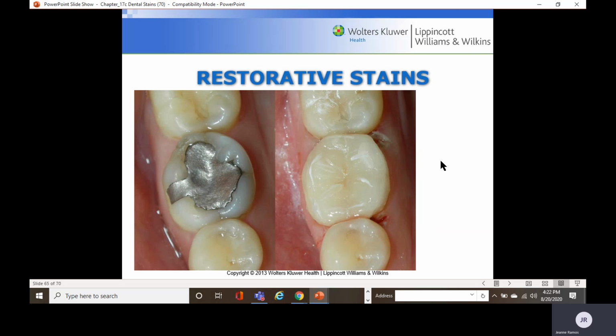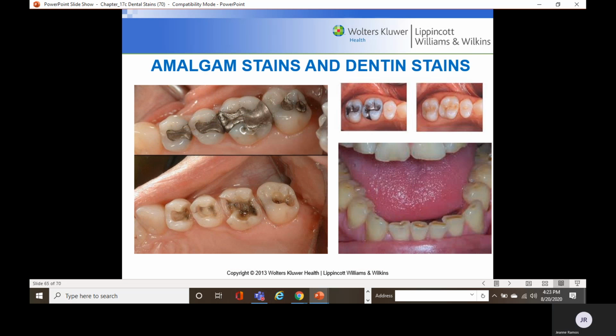And you can see that it's leached into part of the tooth. If it doesn't do anything, that's fine, but it can really weaken the tooth. So people that have these sometimes get them removed and have composites put in or a crown put on that tooth before it fractures. So these are amalgam stains in dentin.